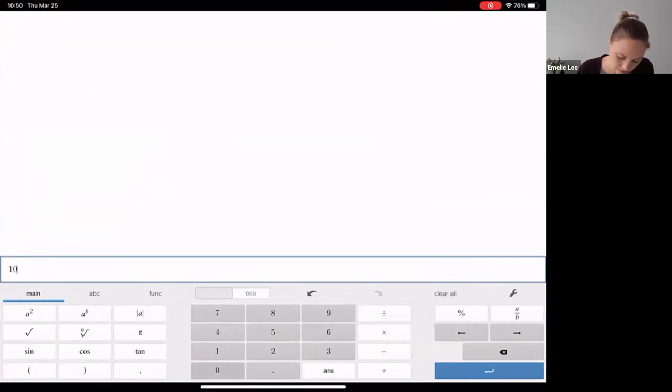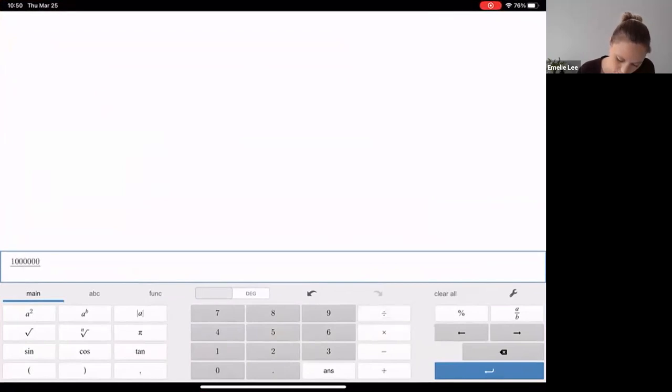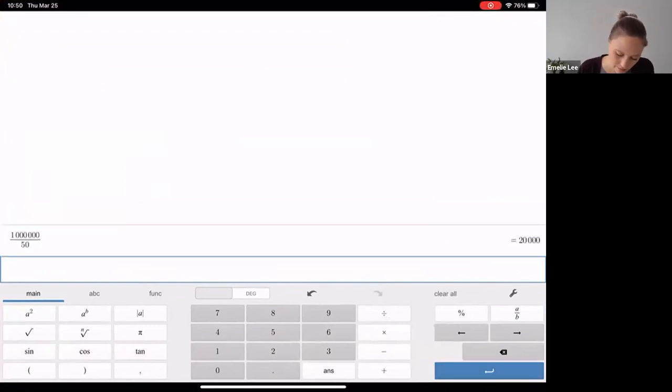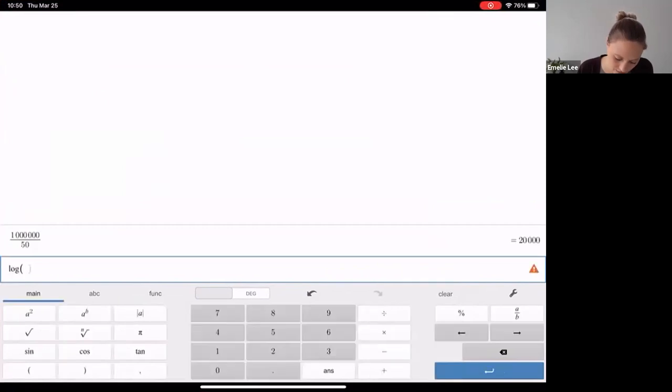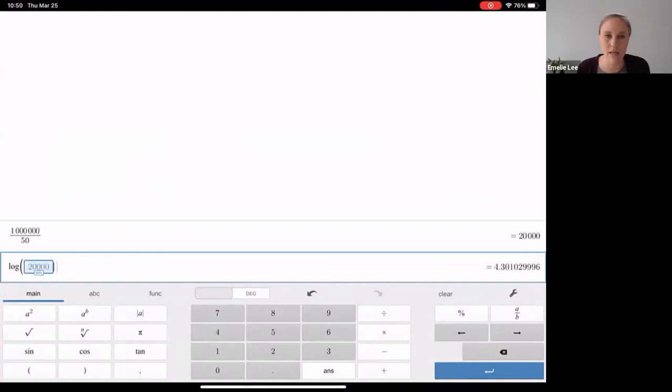So we've got 1,000,000 divided by 50, which is 20,000. Then I'm going to start a next line and take the log of that previous answer. So I'm going to use that answer button again.